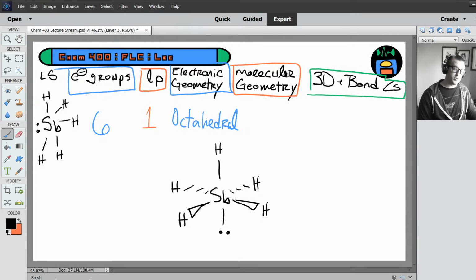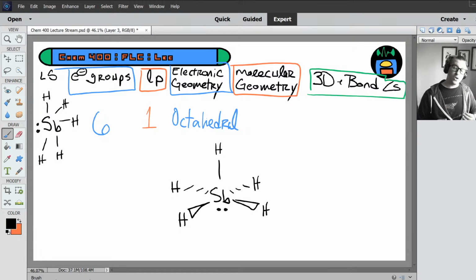The molecular geometry, we want to know what is the shape this molecule has, not including the lone pair. So I'm going to take my lone pair and just represent it as 2 dots around my central atom. And when you look at this, the atoms make a shape like a pyramid, but unlike the trigonal pyramidal geometry we saw before, which had three vertices on its base, this has 4.